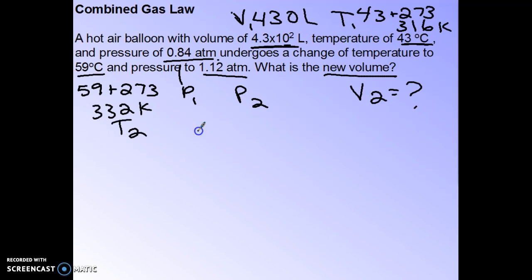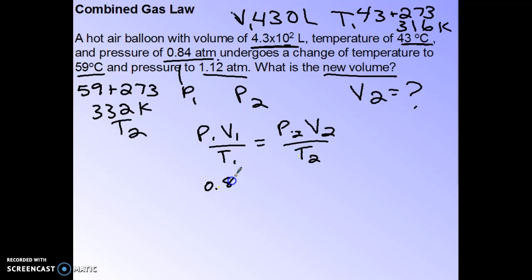So if we plug into our combined gas law, we have P1 V1 over T1 equals P2 V2 over T2. So therefore we have 0.84 times our 430 liters over our initial temperature, which was 316.